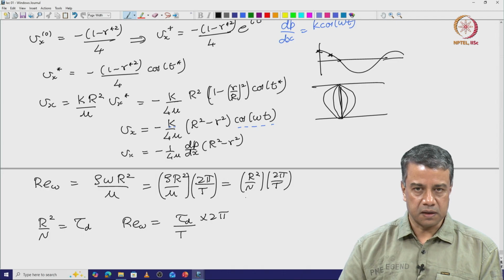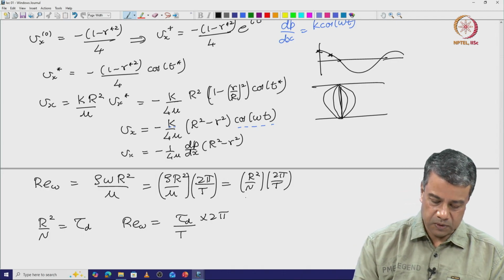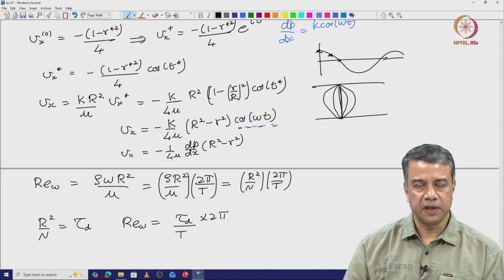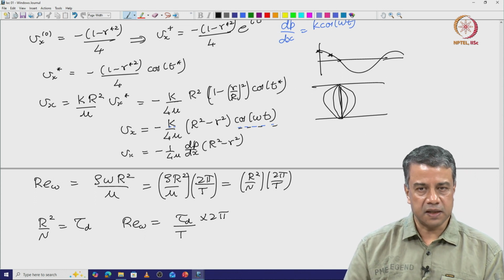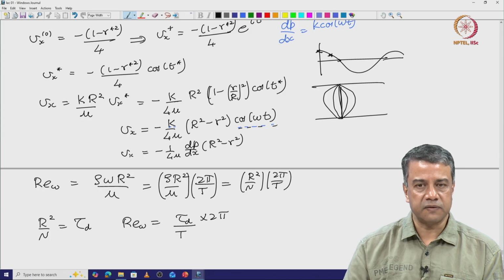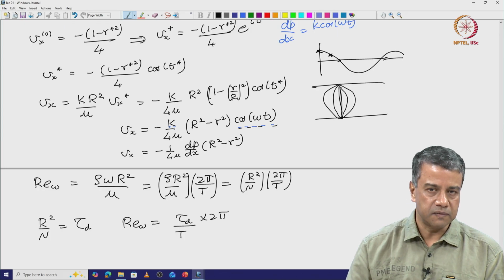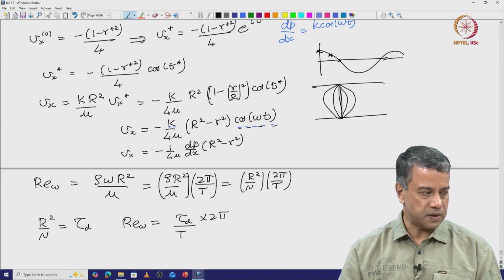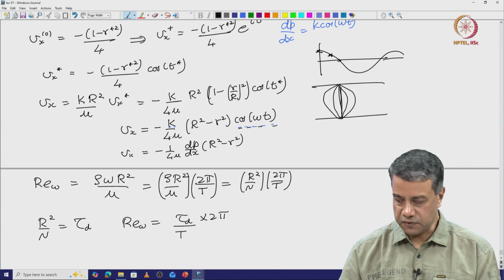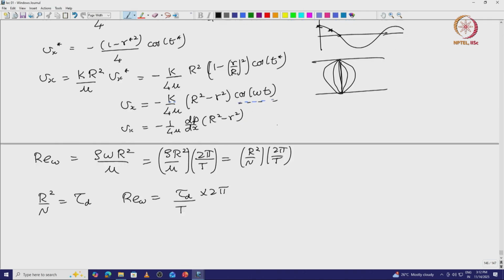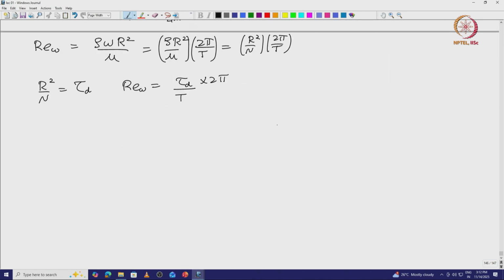The maximum velocity is varying as a function of time. It goes as proportional to cos omega t. The maximum velocity at an instant in time is the same as that for a steady flow with the pressure gradient given by that value at that particular instant in time. So, this happens when the diffusion time is much smaller than the time period of oscillation, the limit of low Reynolds number.